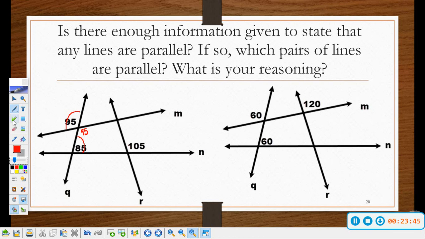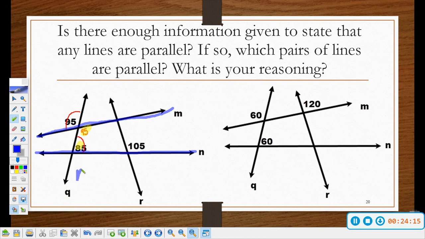So there's enough information for me to say that this line M and this line N are parallel to each other, and the reason is that my same side interior, this angle right here and this angle right here, same side interior or consecutive interior, are supplementary. So since they're supplementary, M is parallel to N.